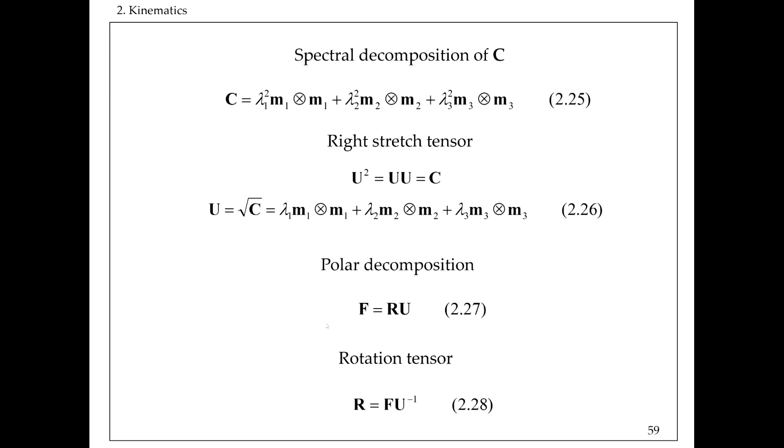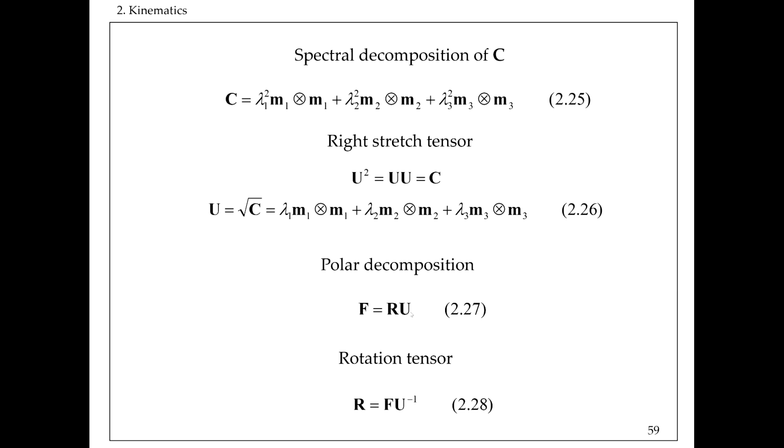Again, going back to F. What we said, F is a second order tensor that we take and act on vectors and then transform vectors. As we multiply a vector by F, that means we effectively multiply that vector with R and U in the order that we are going to multiply that.